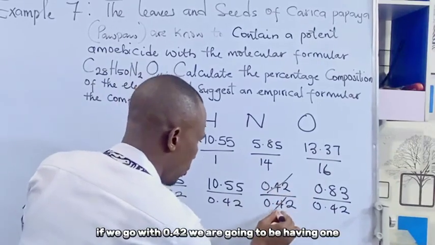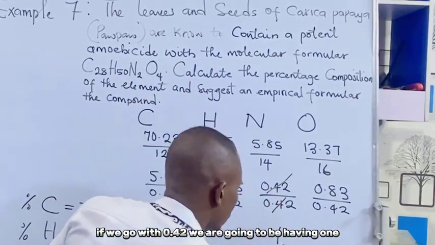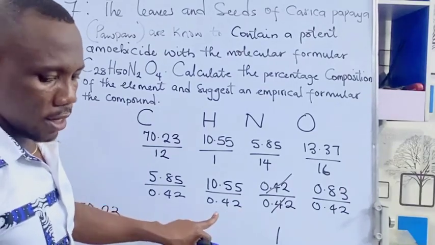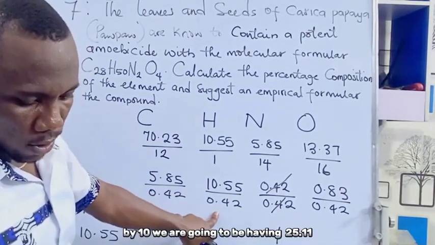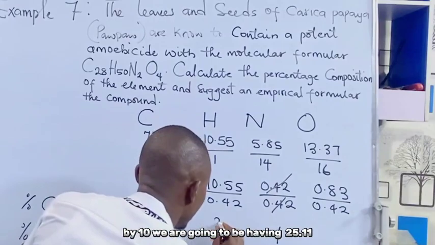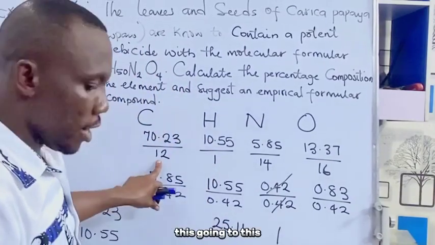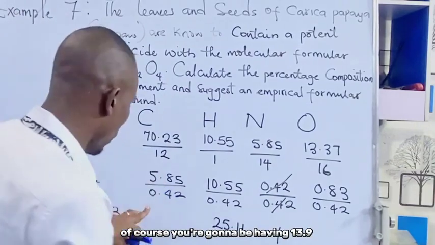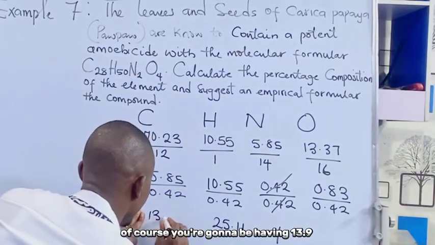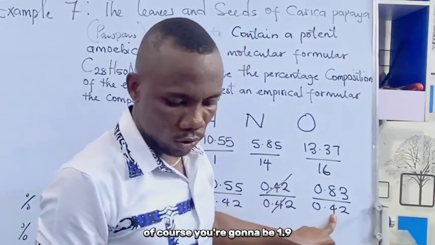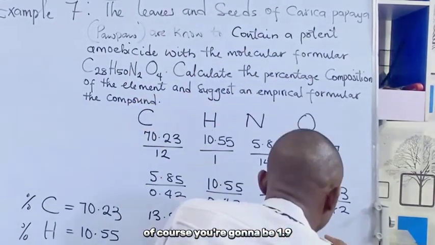If we divide 0.42 by itself, we are going to have 1. Dividing hydrogen by 0.42, you are going to have 25.11. Carbon gives us 13.92. And oxygen gives us 1.98.